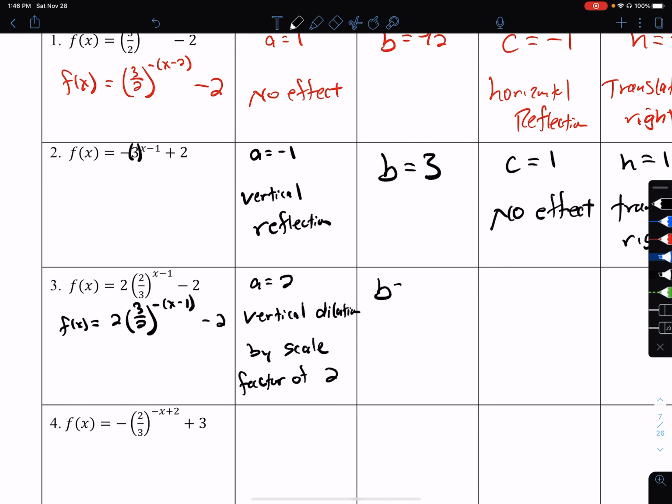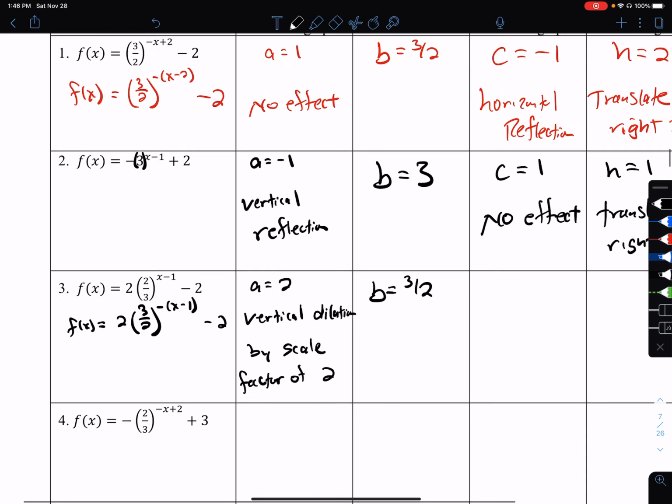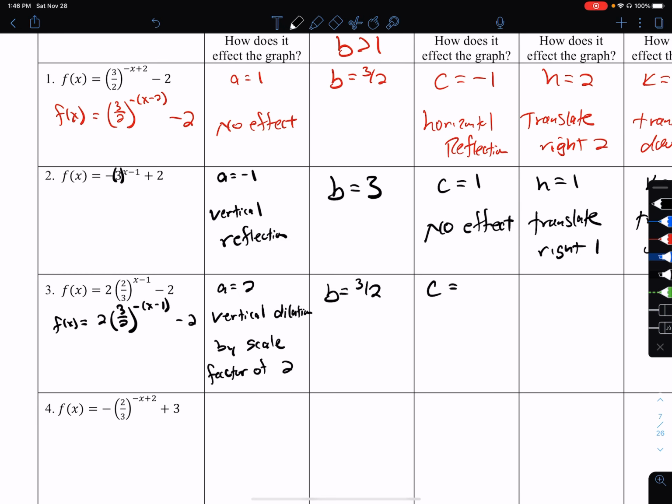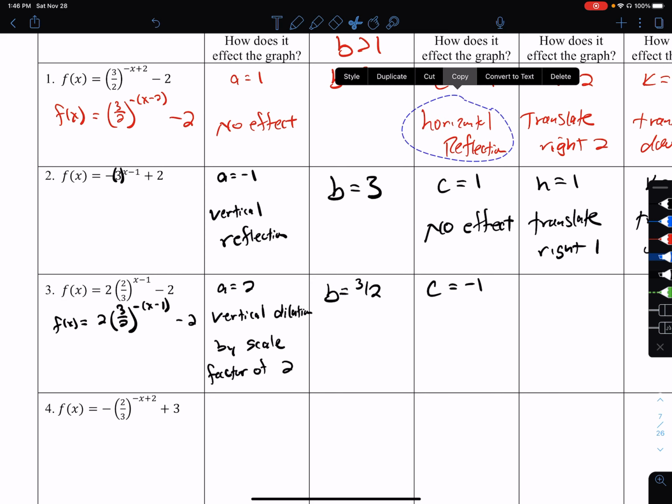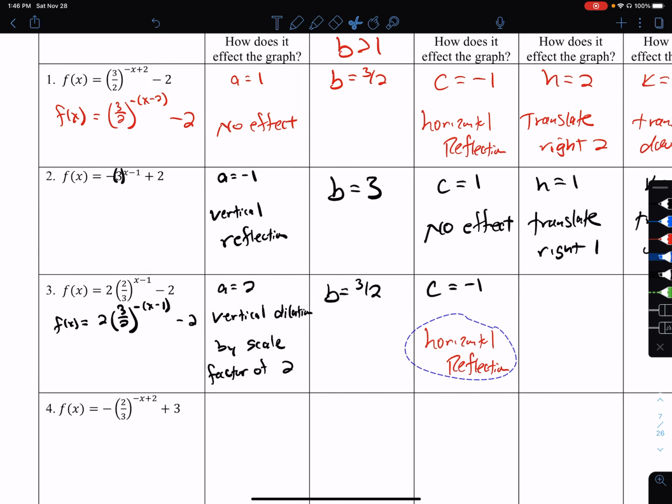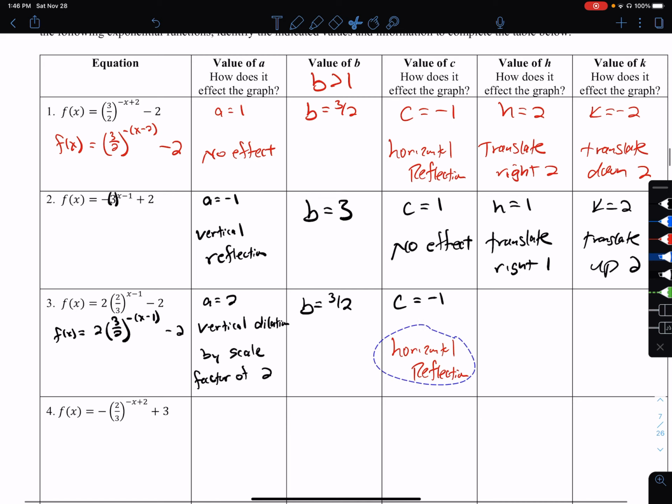B is 3 over 2. C is whatever you're multiplying on the outside of the function. We are multiplying by a negative 1. That's going to cause a horizontal reflection. H is whatever you're subtracting from x.